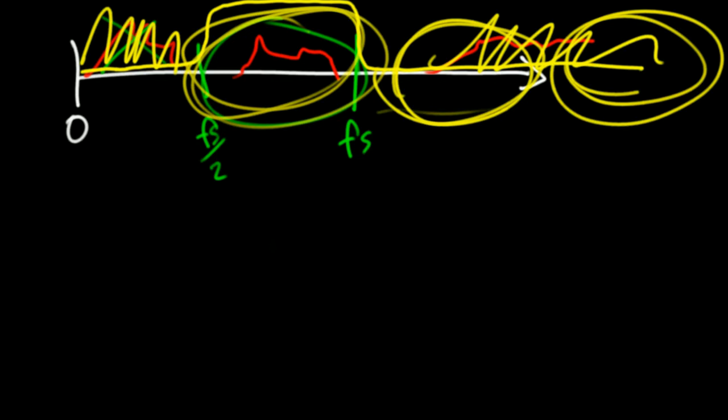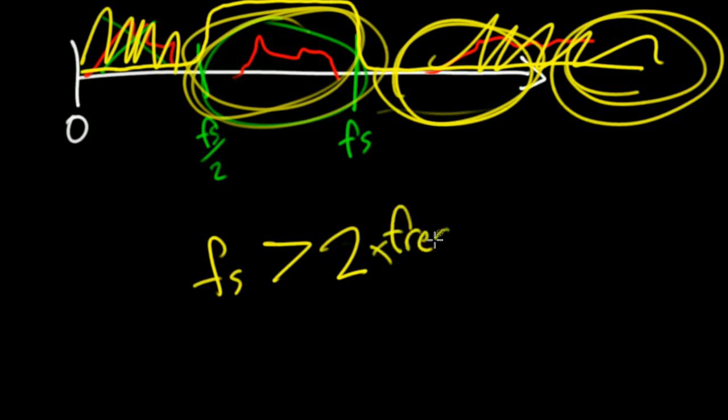But another way that I think the traditional representation of the sampling theorem is wrong is because it talks about a sampling frequency being greater than twice the frequency of interest. And that doubling is only the case if you're dealing with real valued signals.